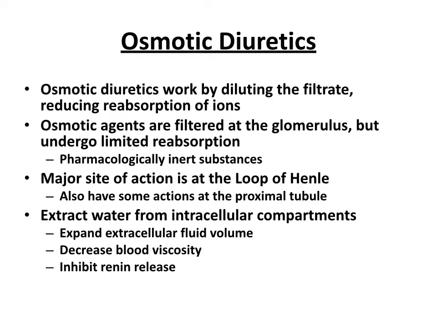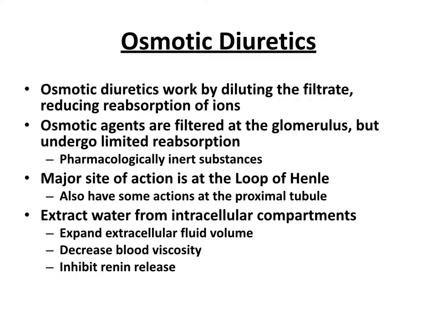What happens with these osmotic agents is when you take them in, the osmotic agent gets filtered at the glomerulus, and it's stuff like mannitol, glycerol, gets filtered at the glomerulus, put into the filtrate, but essentially what you're doing with these guys is diluting the filtrate, so diluting the stuff that's in the lumen, the urine side, and so with that dilution, it's basically just harder for enzymes and transporters, et cetera, to pull sodium out and reabsorb it, okay?